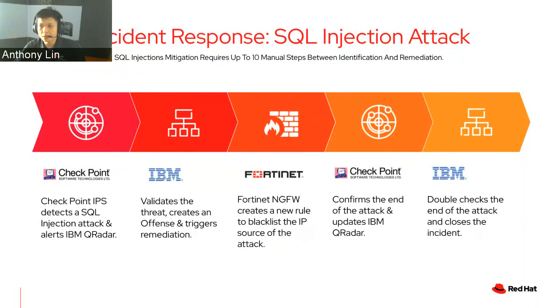This one is on incident response. If you have the scenario of a SQL injection attack, what can you do? In this case, Checkpoint detects the SQL injection attack and alerts IBM QRadar. IBM QRadar will validate, create the offense, and trigger the remediation. All of this can be done by adding a firewall rule in Fortinet FortiGate.